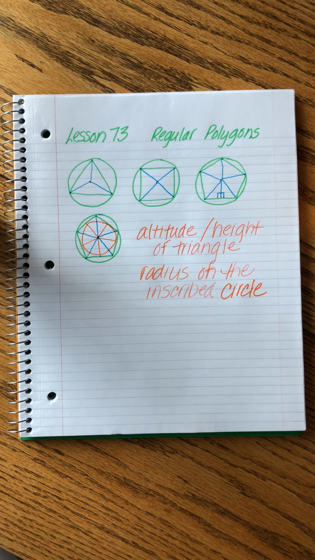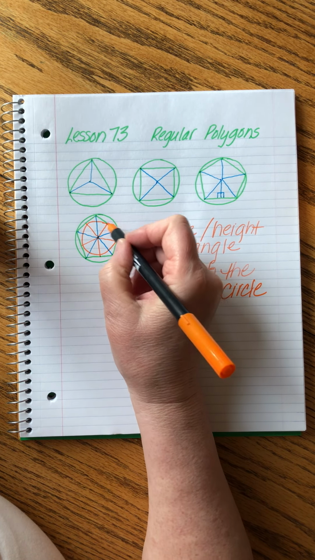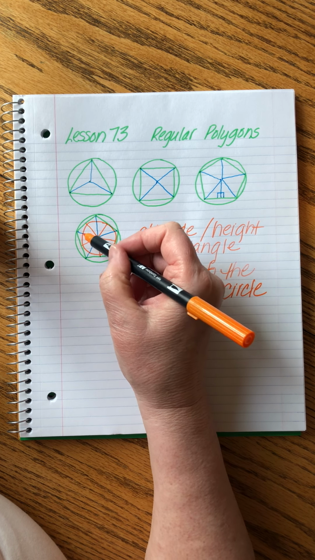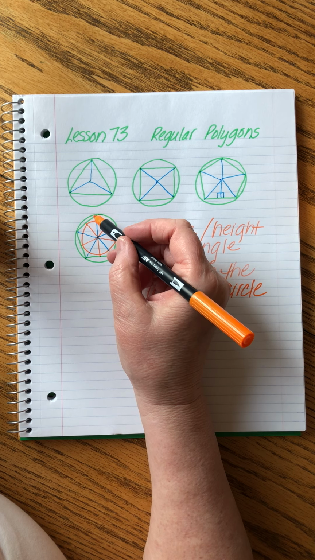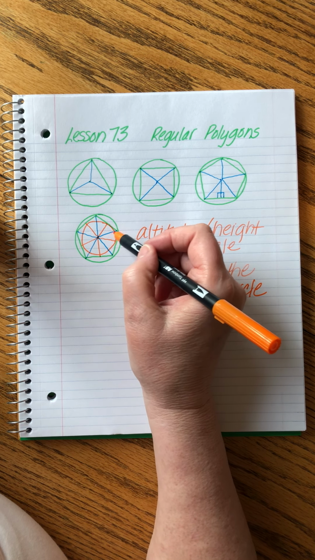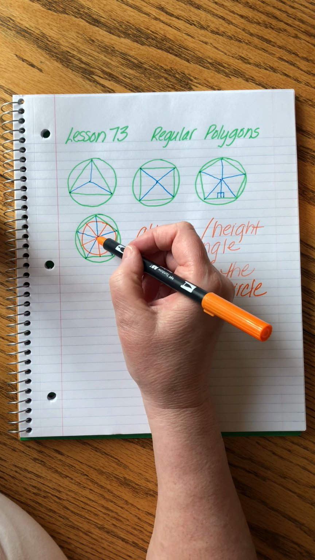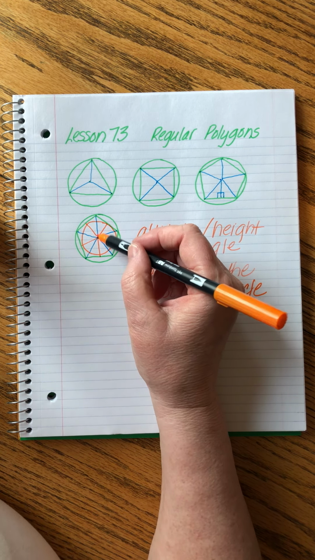What in the world am I talking about? Look how it goes. Circle, pentagon, green pentagon. The radius of the outer circle equals the length to the vertex, right? These blue lines go from the center to the corners of the pentagon. That's the radius of the big circle.